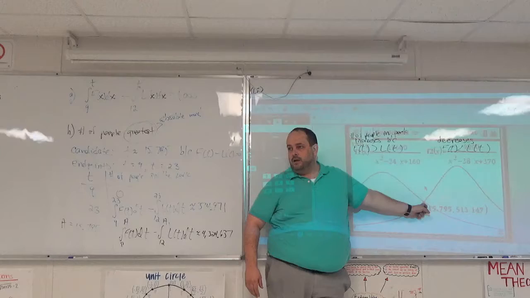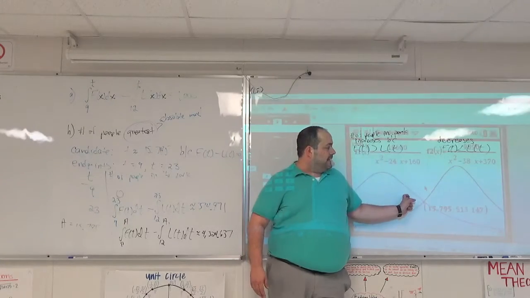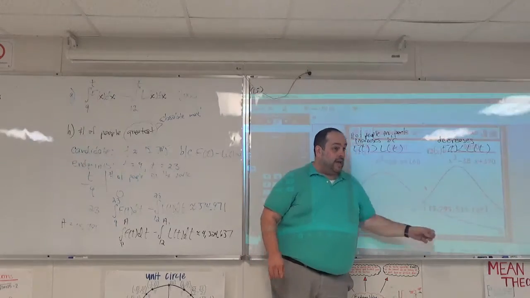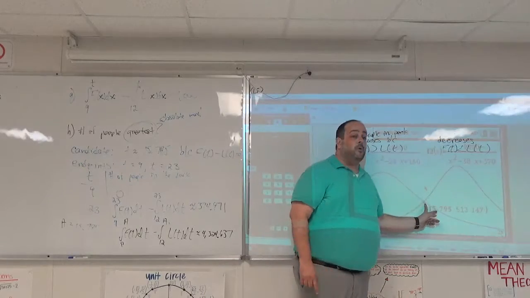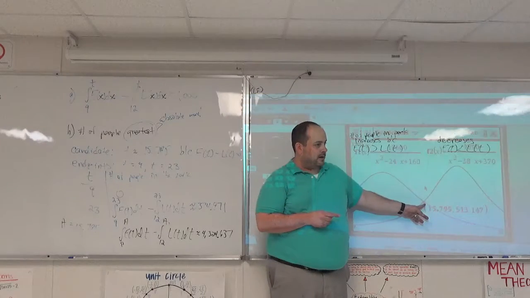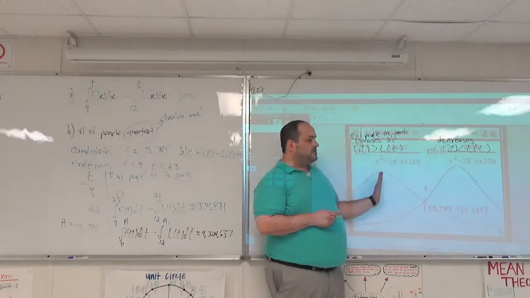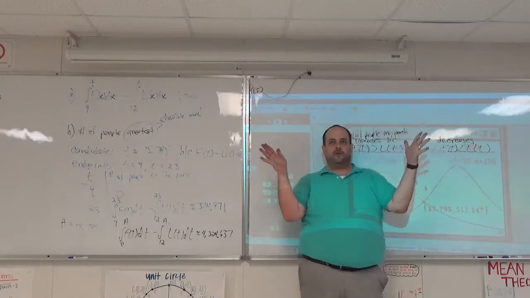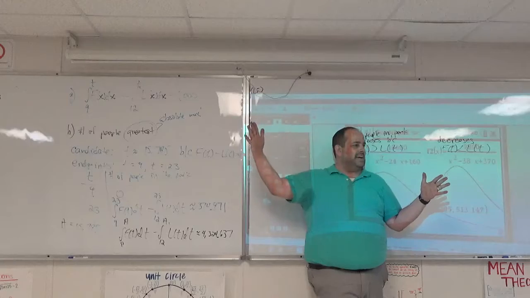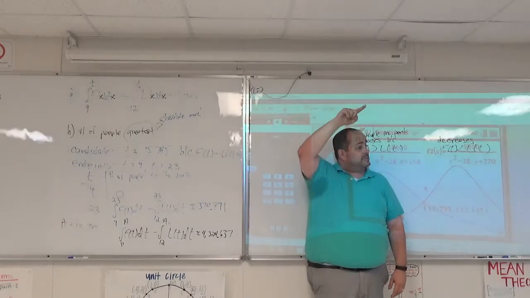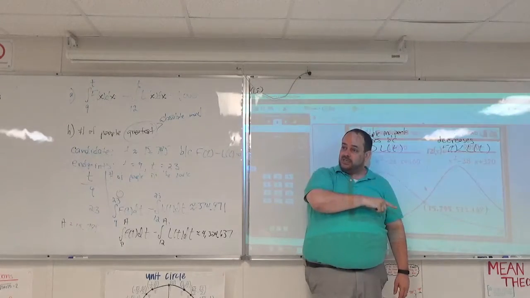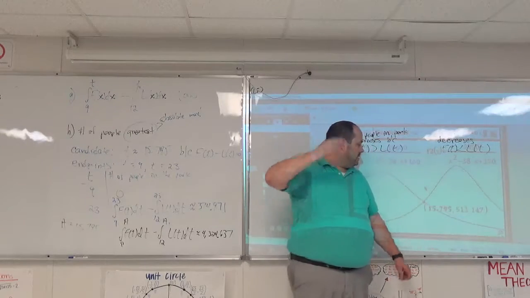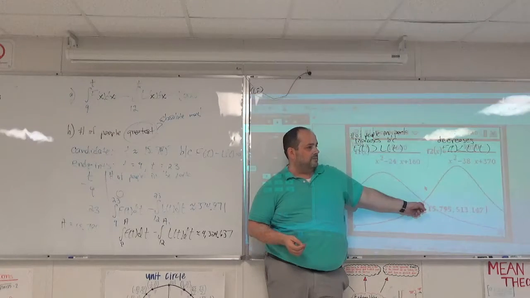There's an equal number of people entering as leaving, but what happens at this point with the number of people in the park? It changes from increasing to decreasing. Think about a graph that from like 9 until the intersection point increases, and then it decreases. What do you have at 15.795?